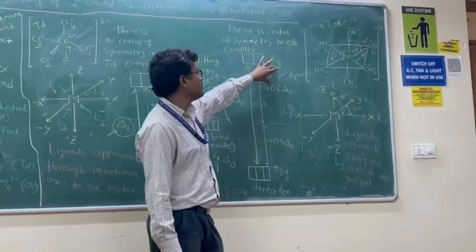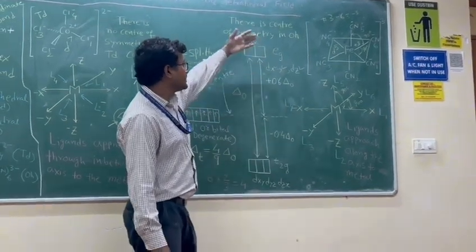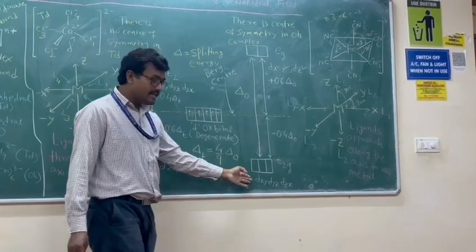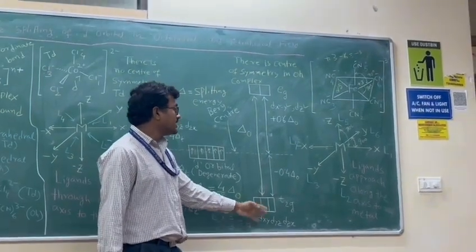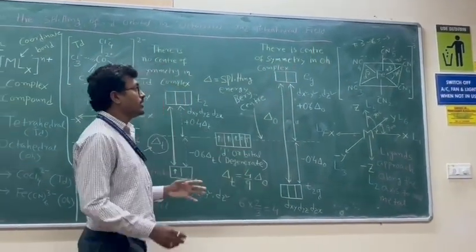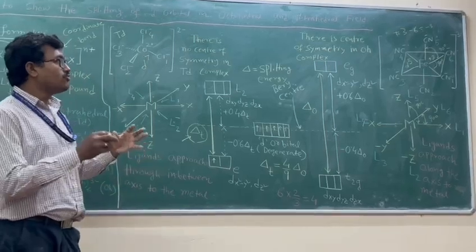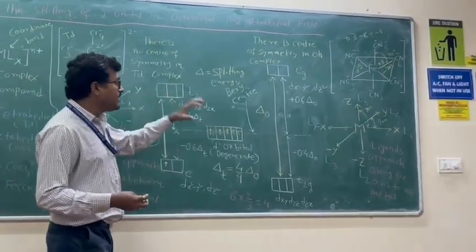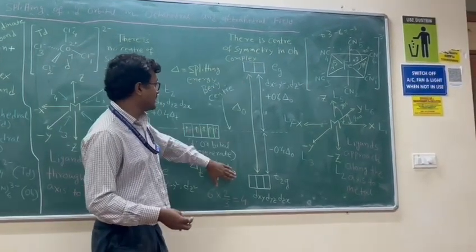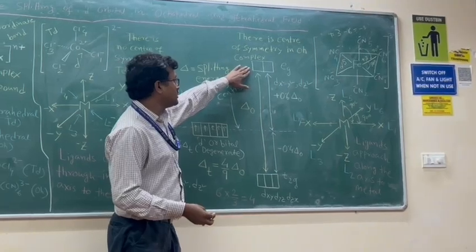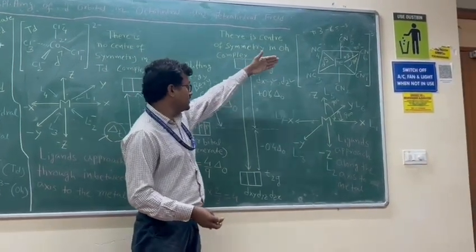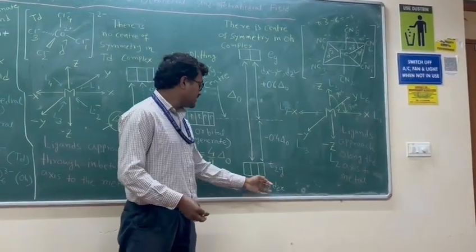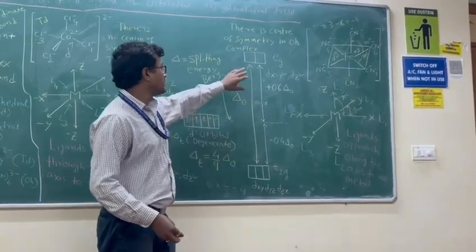Since their energy is increased, the energy of the other 3 d orbitals will be decreased. Therefore, in an octahedral field, the splitting pattern of the d orbitals will be like this. The energy of dx square minus y square and dz square is higher and the energy of dxy, yz and zx is low.